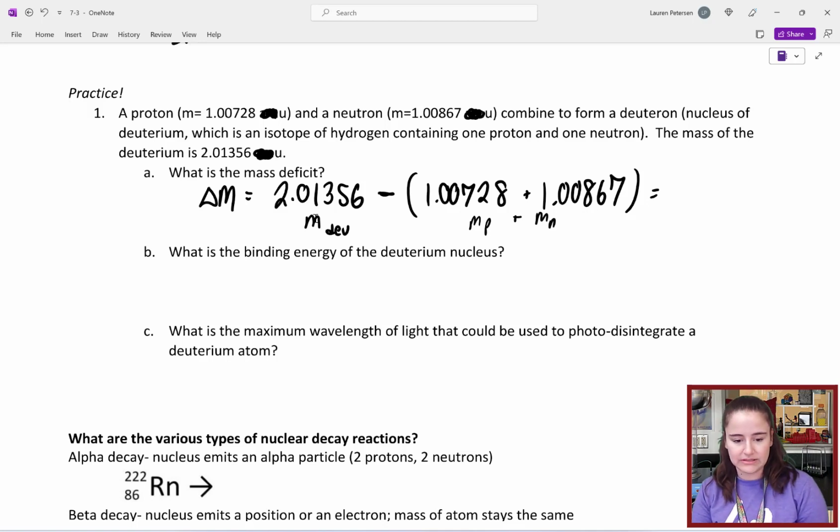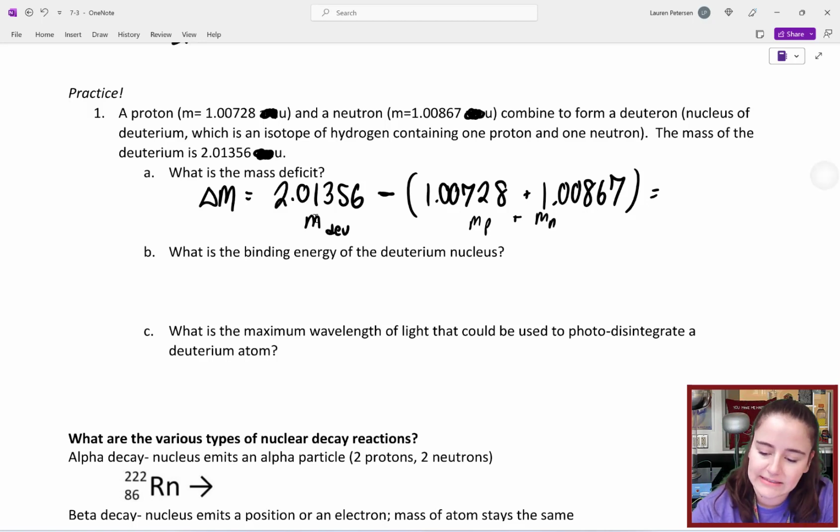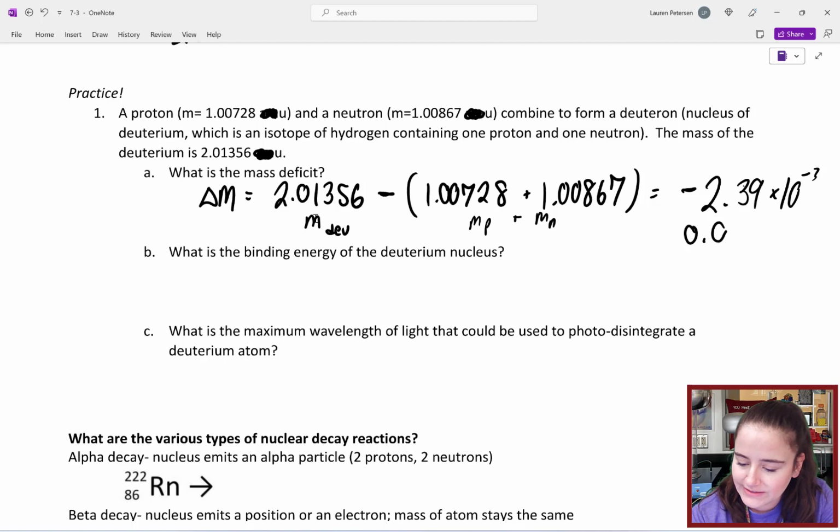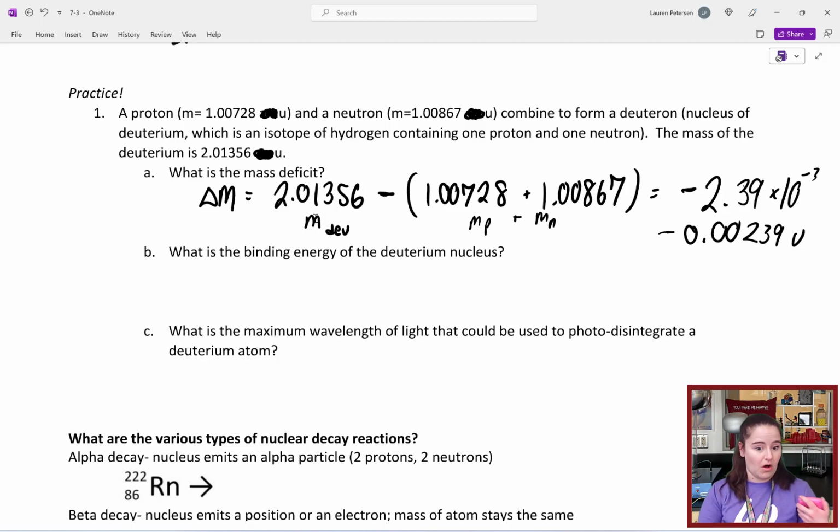So we have 2.01356 minus 1.00728 plus 1.00867. And we get negative 2.39 times 10 to the negative 3, so 0.00239 U. It's negative because it is the lost mass.